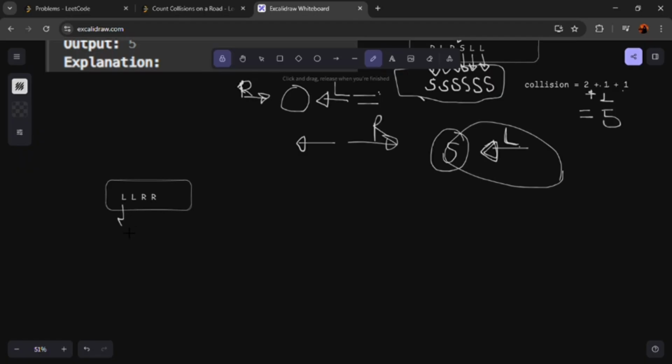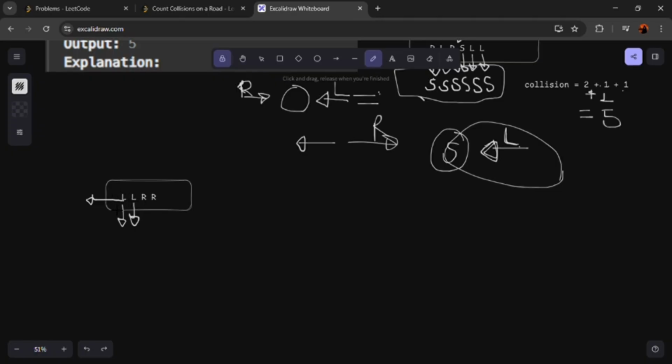There is a car which moves left, and this car also moves left. Now this car is moving left, and there is no other car with which this car can collide.